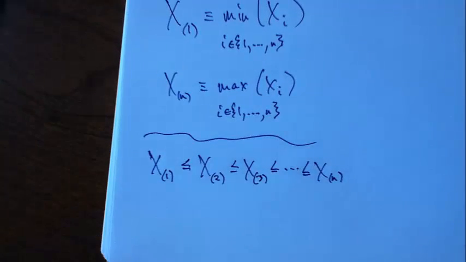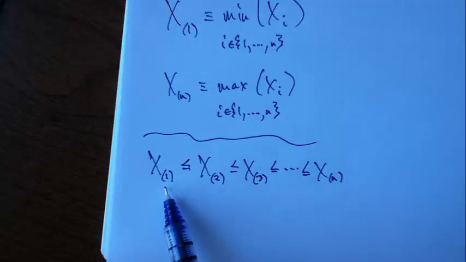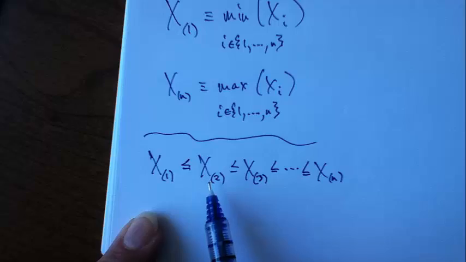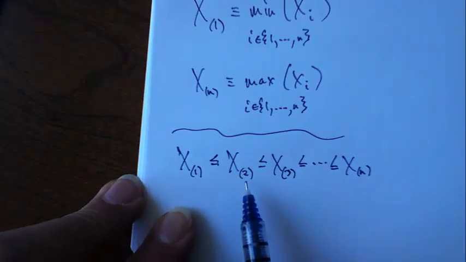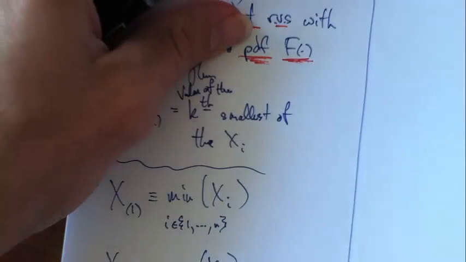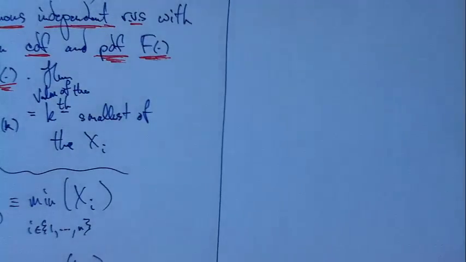So these are not independent. In fact, if I'm given that the minimum is at or above a certain value, then I know that the next one has to be at least that much.